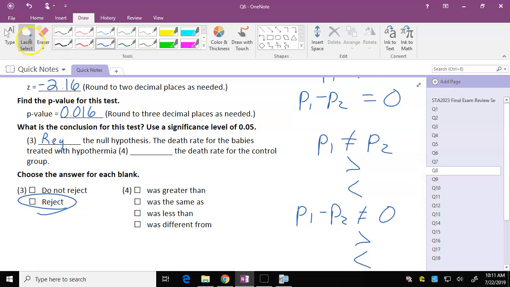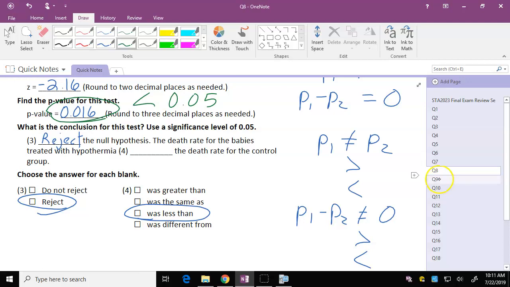I don't know why I put a G. We have to reject because the death rate for the babies treated with hypothermia was actually less than. Right? And the reason why we rejected is because this value right here is smaller than the significance level of 0.05. Okay? All right.